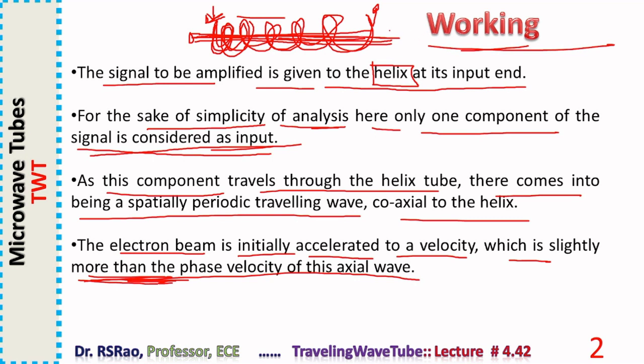So the axial signal and the beam are traveling almost with the same velocity. Here it is said that the electron beam has to be made to travel with a velocity which is slightly higher than the phase velocity of the axial wave.